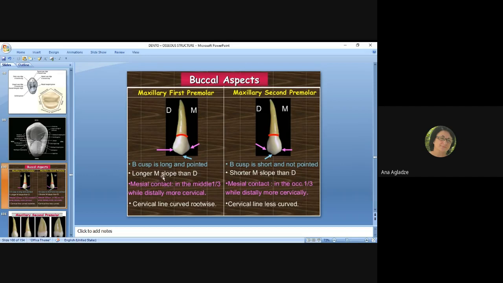The mesial slope is longer than the distal slope in the first premolar, and shorter in the second. Mesiodistally the second premolar is shorter than the first premolar, and the cervical line is curved rootwise, and the cervical line is less curved.